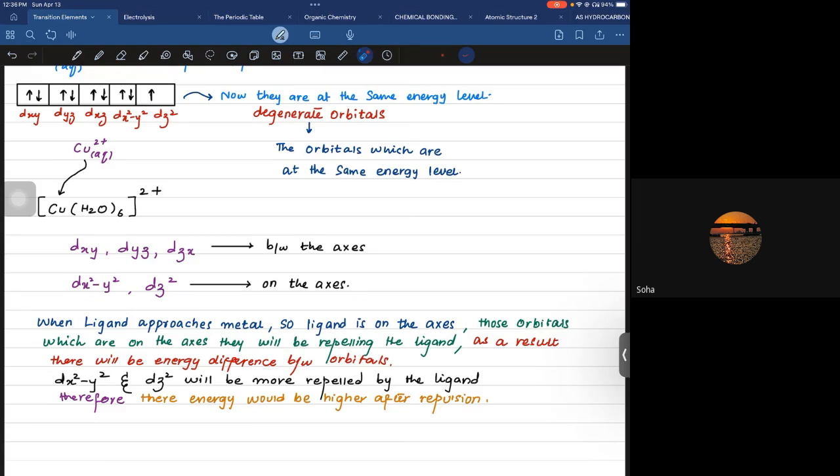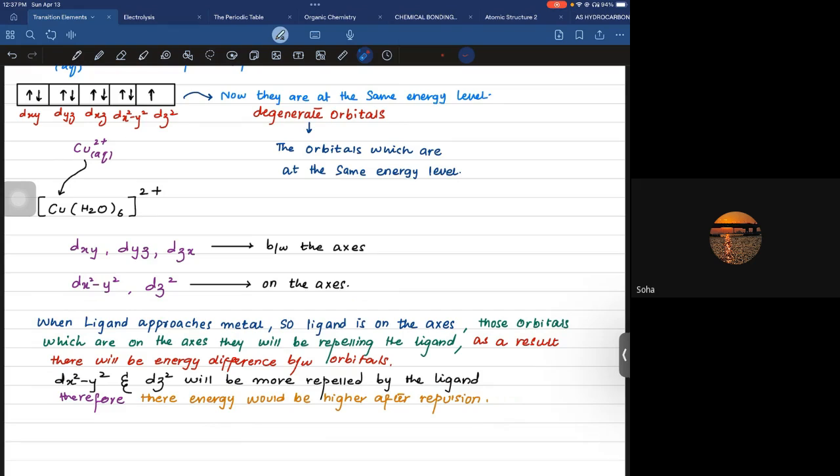Therefore, energy would be higher after repulsion. That's the main key point.